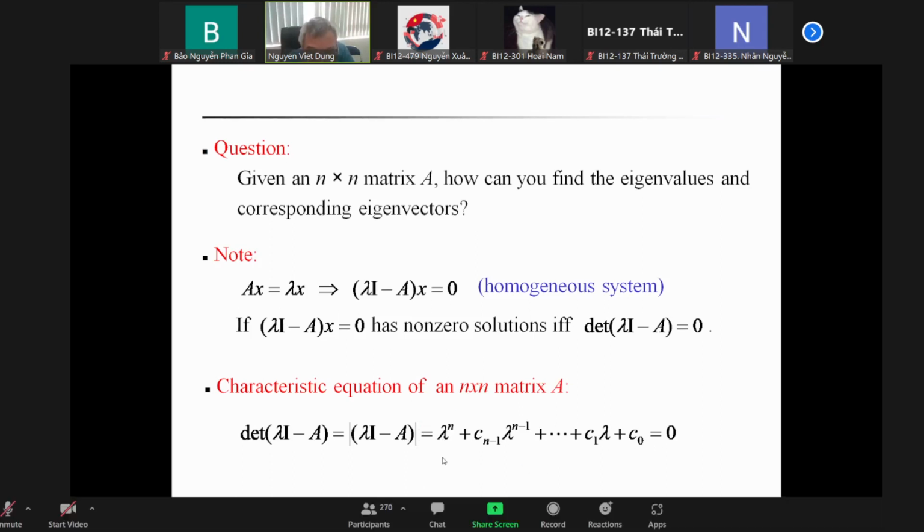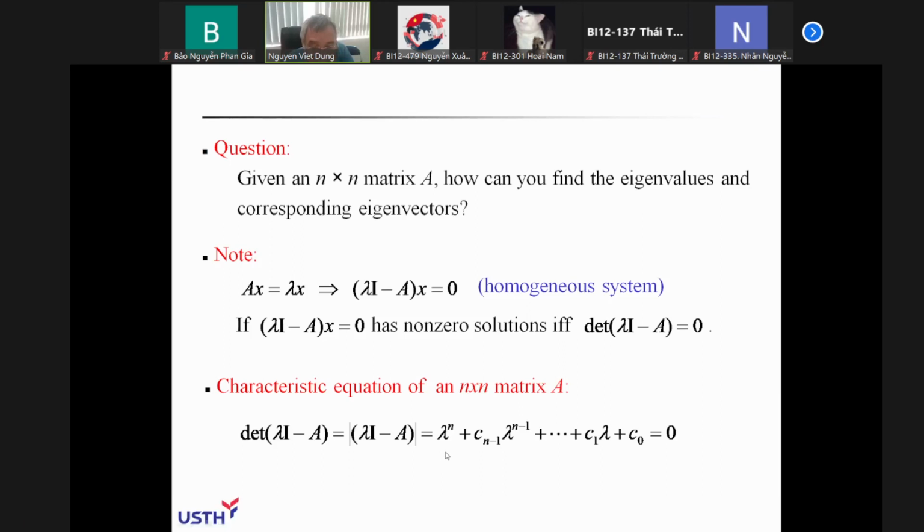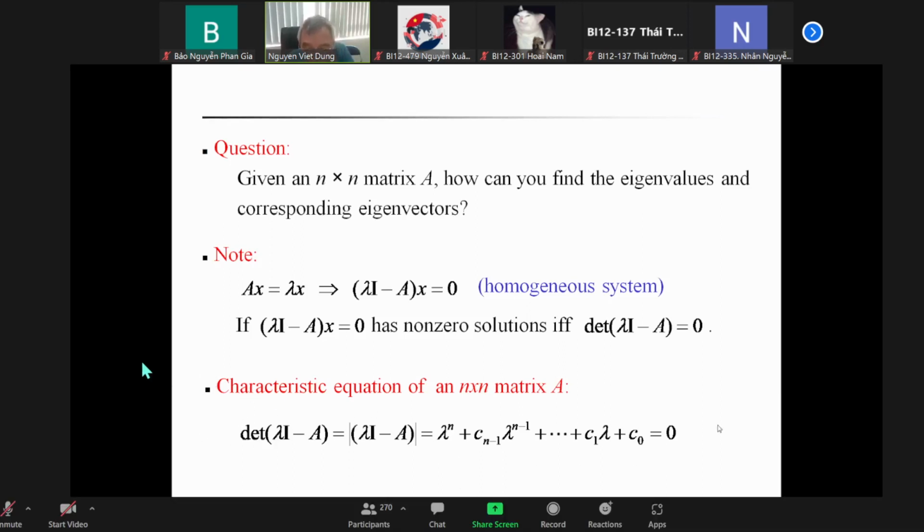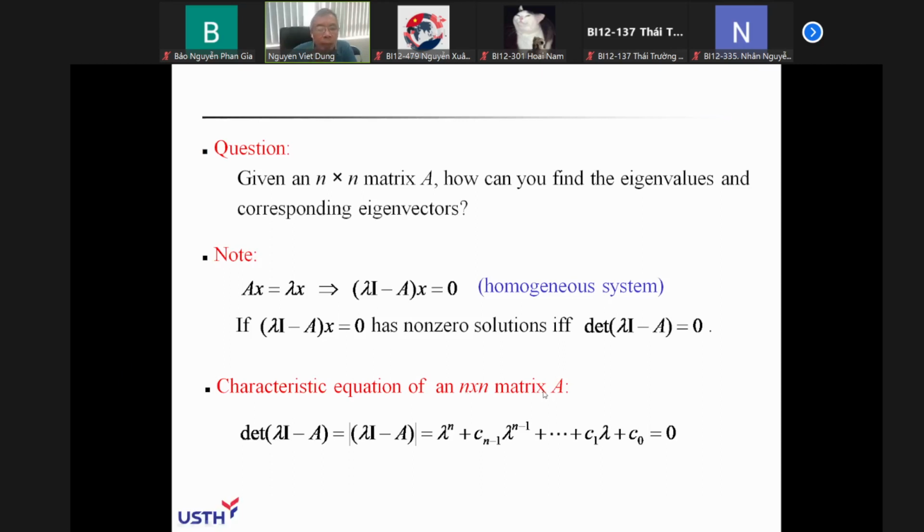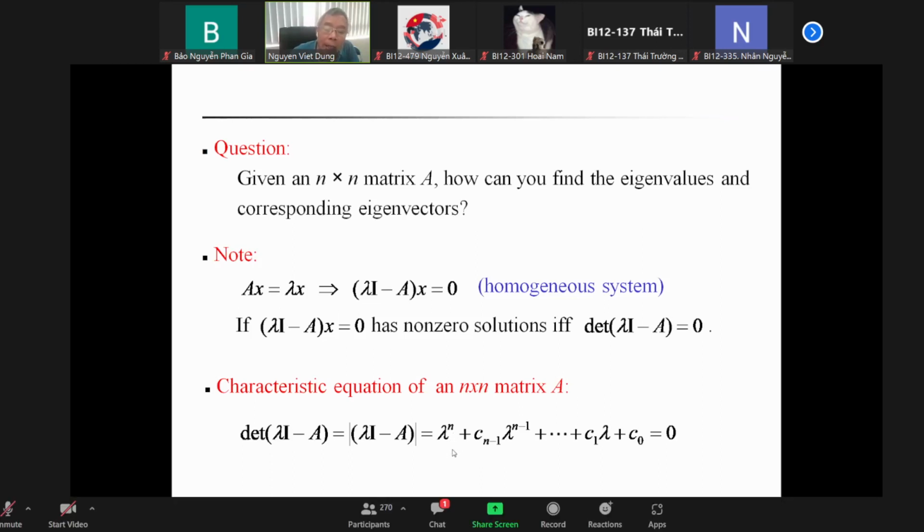It is a polynomial of degree n in lambda, đa thức bậc n theo lambda, and this equation is named the characteristic equation of an n by n matrix A. We need to find lambda satisfying it, which means we have to solve the equation.